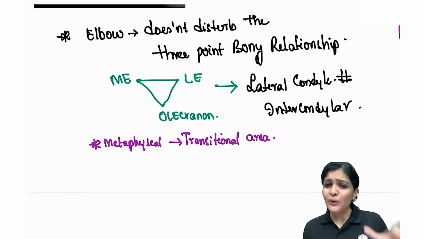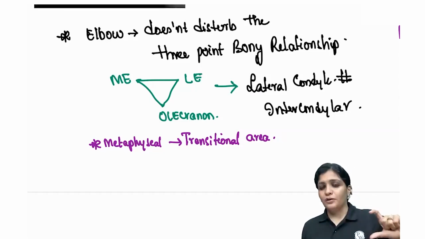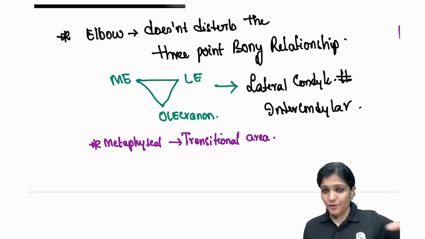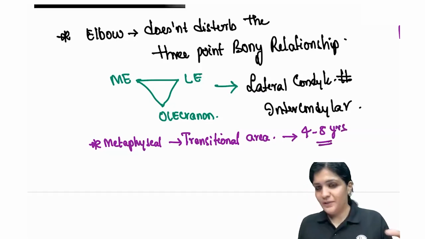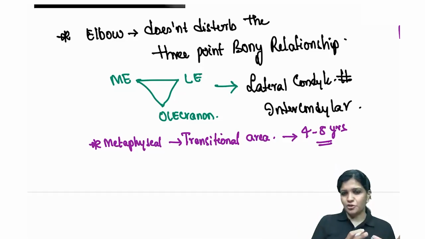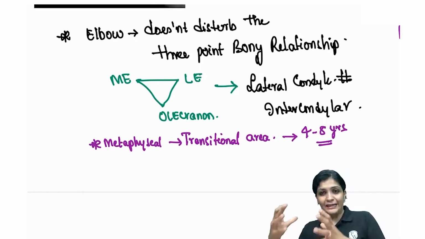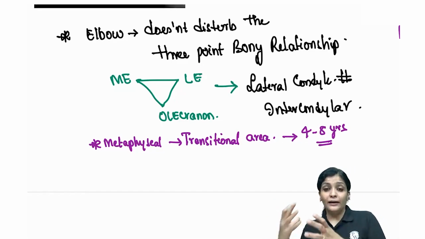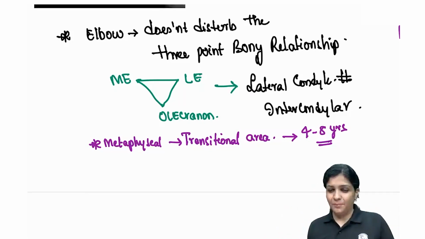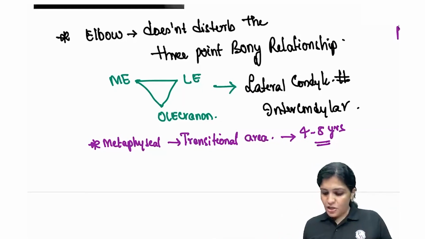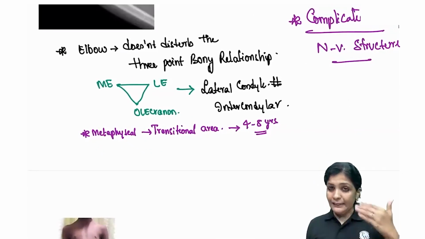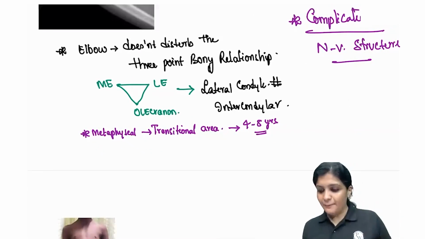So this is supposed to be the weakest part, the transition from a little strong to a more strong bone. Especially in the 4 to 8 years age group, this metaphyseal area is vulnerable and can easily break. That is the supracondylar fracture of the humerus. That is what you have to remember, and in this the 3-point bony relationship is maintained.